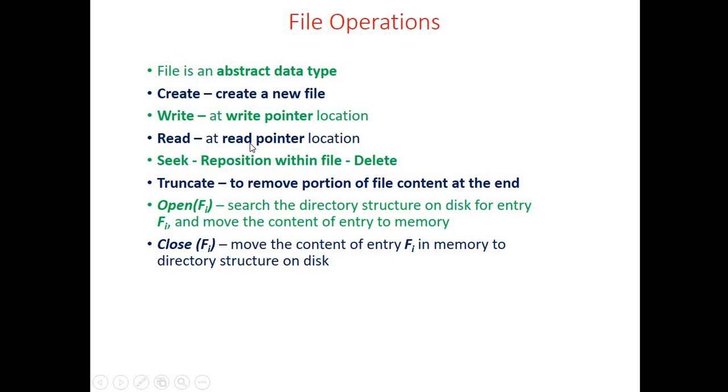The read function call can be used to perform the read operation from the file. Seek is to reposition the file pointer within the file. Delete or truncate is used to remove a portion of the file. Delete is for deleting an entire file. Truncate is for truncating a portion of the file.